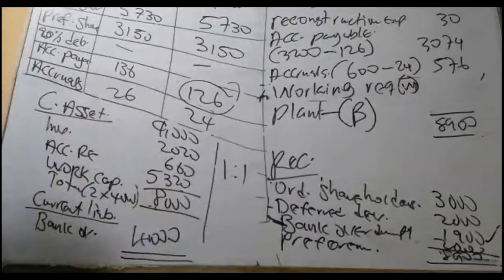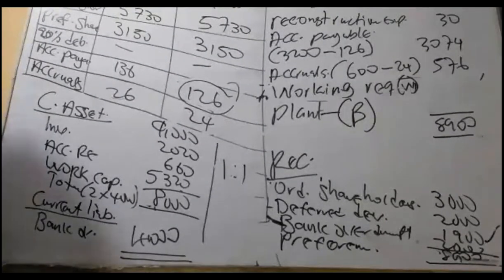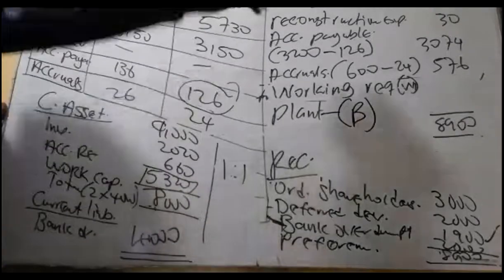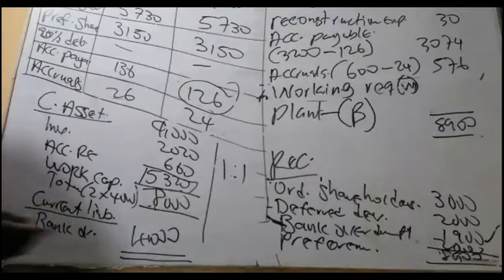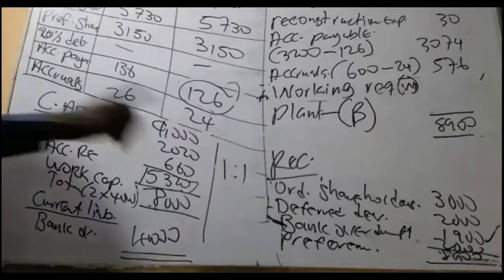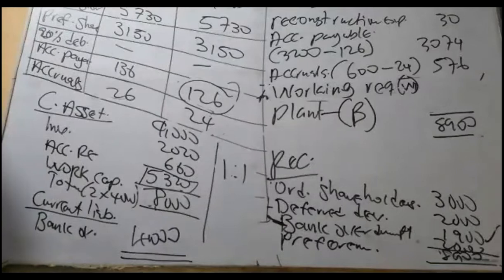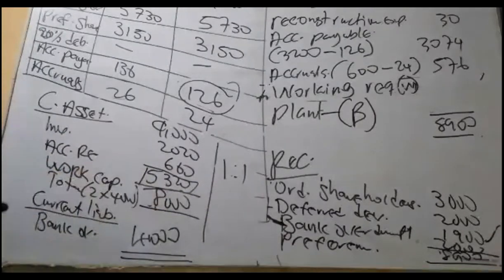So in short, when you substitute this figure in there, it's more than the 8,900. So what do we do? So this overdraft must be reduced, or we have to ask any of the shareholders to bring additional money. Yes, we have to increase this, or the preference shareholders should give us 2,500.